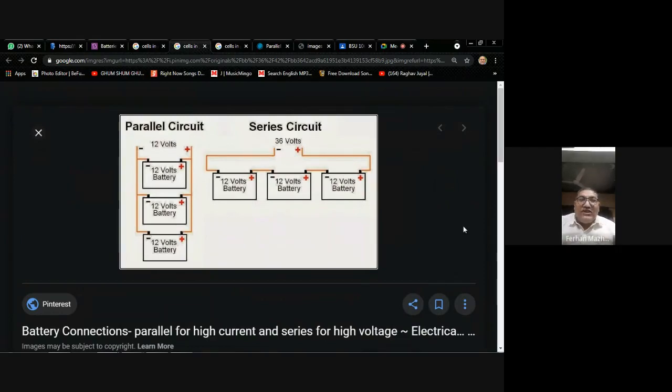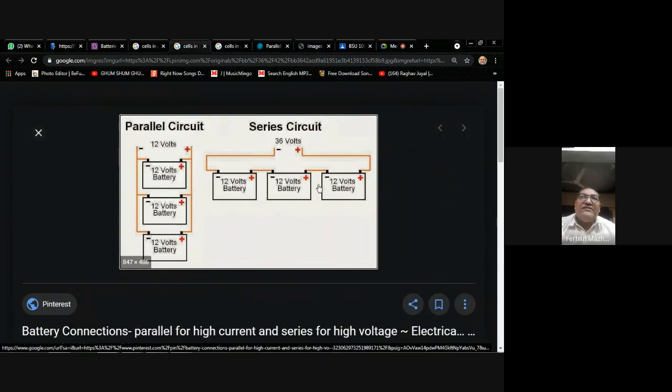If you are using more than one cell, or more than two cells, or three cells or four cells, there are two ways in which you can connect the cells with each other. One is called the parallel circuit and the other one is called the series circuit. So when you connect the cells in the series circuit, what happens?